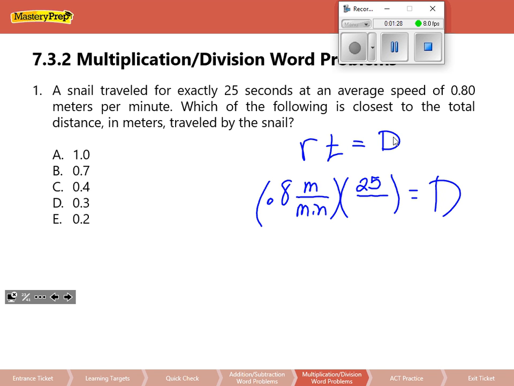Well, how many seconds are in 1 minute? So 25 over 60 would be our minutes. Now we could reduce it if we wanted to, or we don't have to, because we can just do what? 0.8 times 25 over 60.